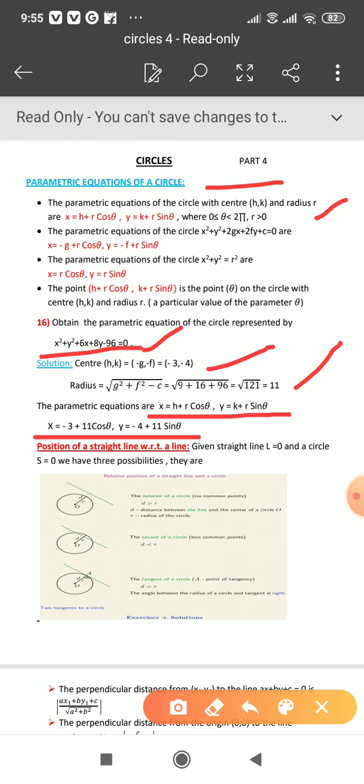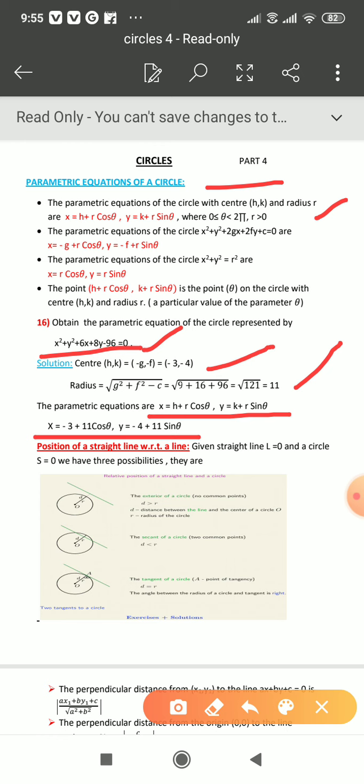So 64 plus 16 plus 48 minus 32 minus 96 must be equal to 0. So that point is on the circle. So to find a point on the circle, it is better to use h plus r cos theta, k plus r sin theta as a point on the circle. This is the concept of parametric equations of a circle.